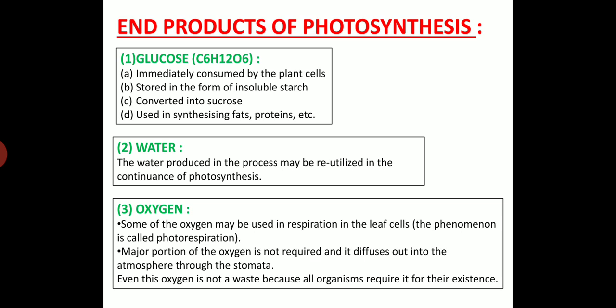So the leaves utilize some portion of oxygen for photorespiration. But the major portion of the oxygen is not required by the plants. So the major portion of the oxygen diffuses out into the atmosphere through stomata.